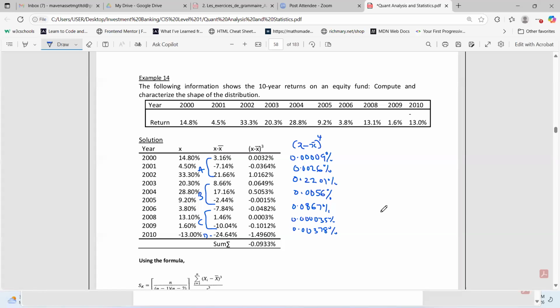Then 1, 2, 3, 4, 5. Permit me to just write it here. 0.123450 zeros and 45%. Then you have 0.01016%. Then you have 0.3686%.